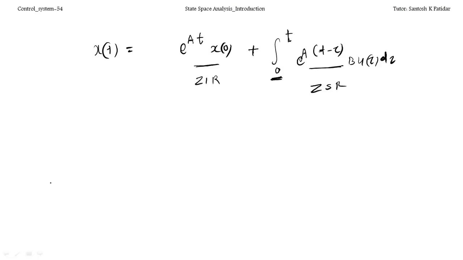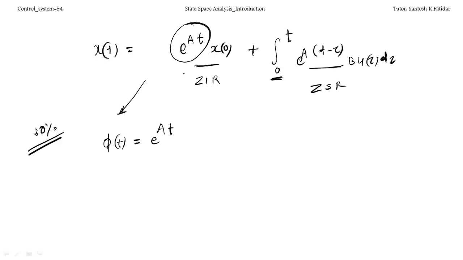Okay, now from this solution we are getting a very interesting formula, which covers a good share of questions, whatever I'm going to write over here, that is the transition matrix phi(t). If you consider this e to the power At only, I call it the state transition matrix, or in the L inverse format you can write it this way also. Both are equal to each other.